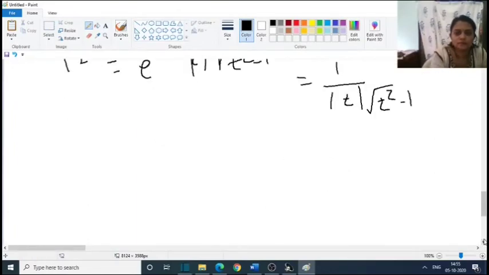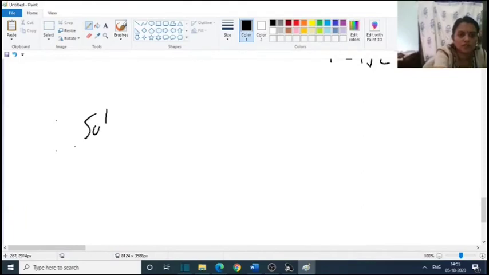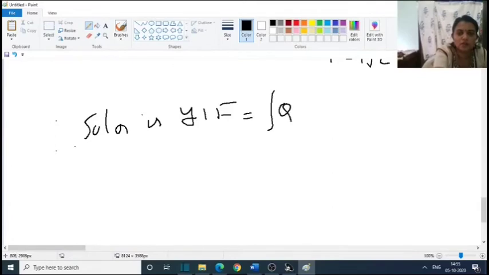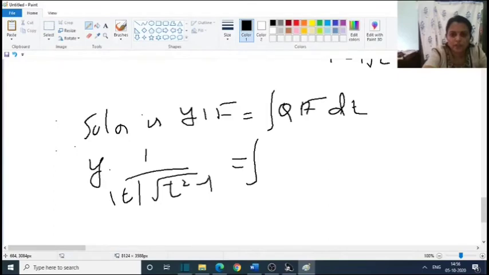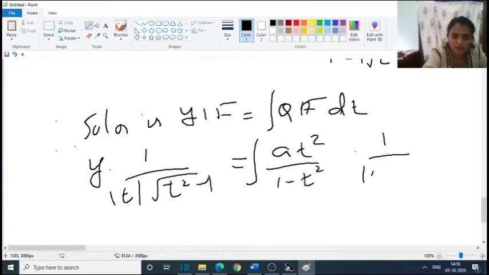Therefore, the solution is y into the integrating factor is equal to the integral of q into the integrating factor dt, which is equal to 1 by mod t into square root of t square minus 1. The right side is the integral of 8t square by 1 minus t square into 1 by mod t into square root of t square minus 1 dt.